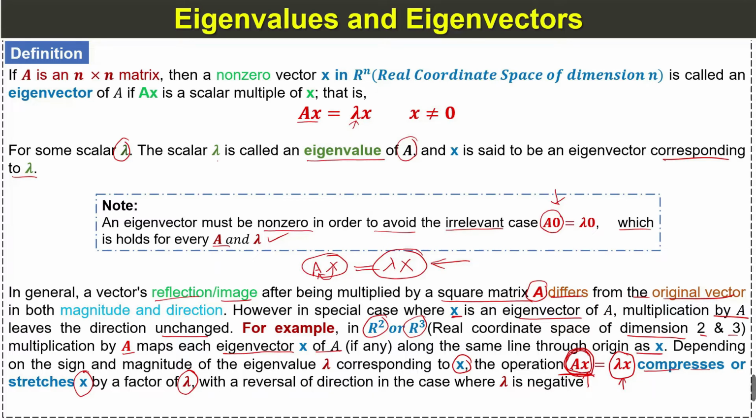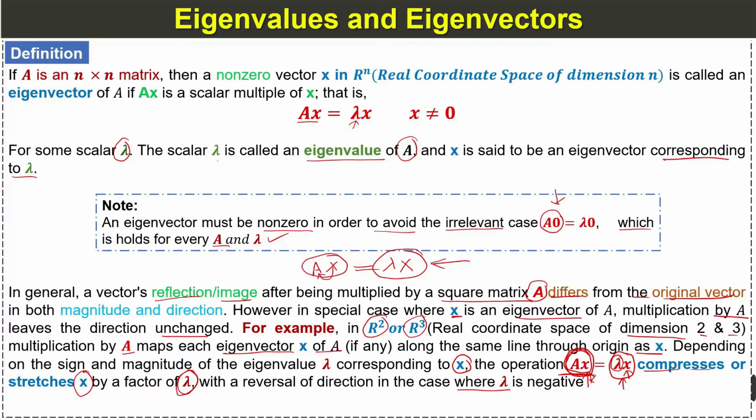Here lambda is some scalar, that is the eigenvalue, and x is the eigenvector. This multiplication compresses or stretches the vector x by a factor of lambda, with a reversal of direction in the case where lambda is negative.